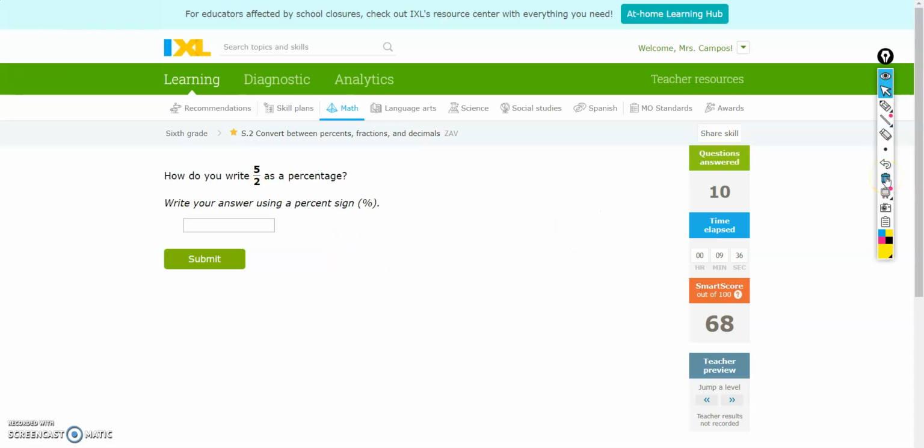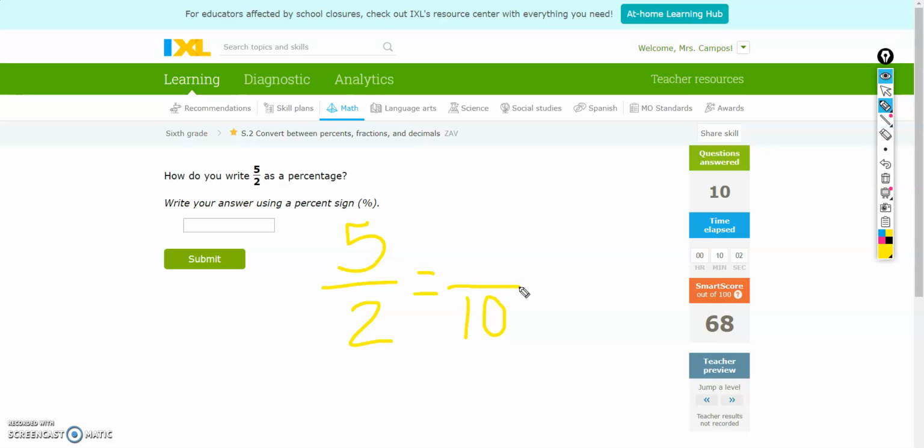How do you write 5 halves, 5 over 2, as a percentage? Okay. So what you're going to do here, you have 2 choices. You can have 5 over 2 equals, and you can make the bottom a 10 or a 100.